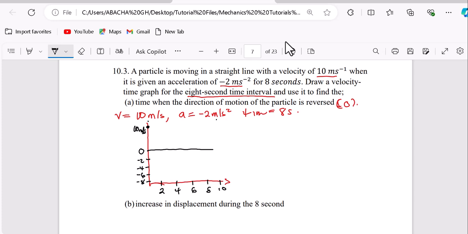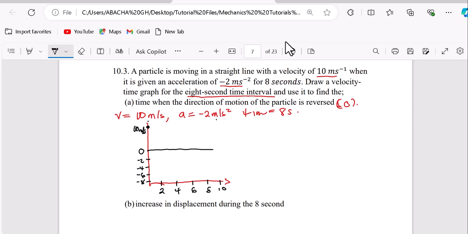So now we started here with our velocity, that's when time was 0. A particle is moving in a straight line with a velocity of this, and so that's where we started. And if we hit 0, then we go in the reverse direction.